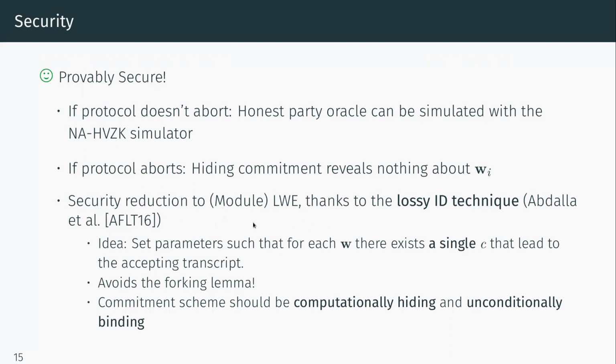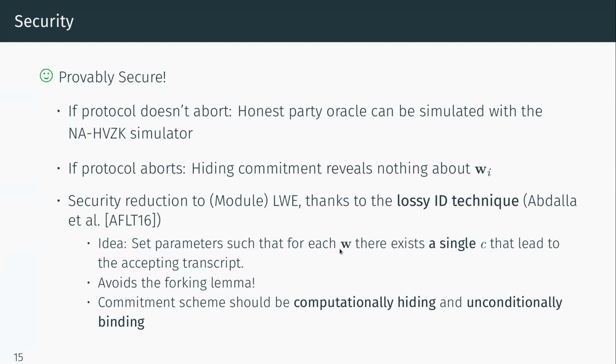we gave a security reduction to LWE using the lossy identification technique. In this technique, we can basically set the parameters such that for each first message of the Sigma protocol W, there exists only a single challenge value that leads to an accepting transcript.